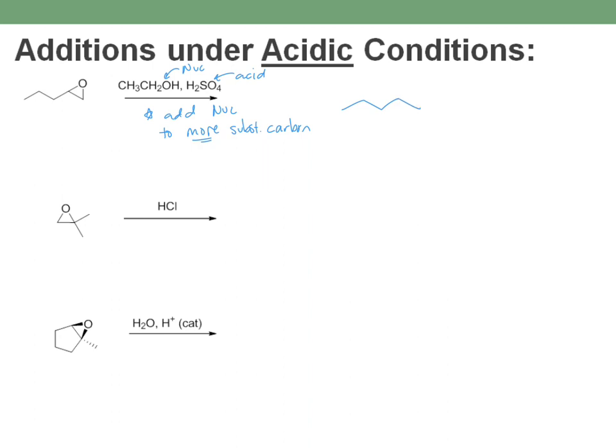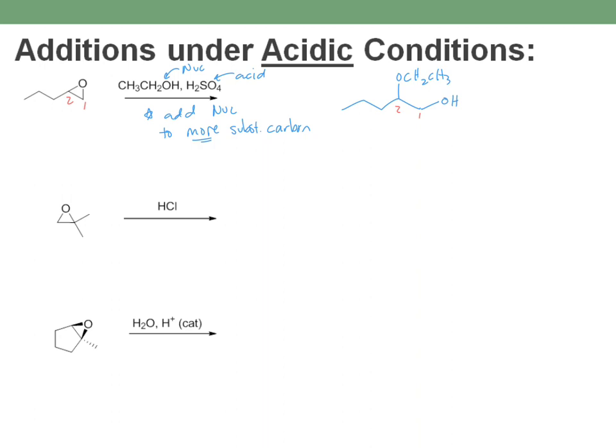My epoxide was here and here. And so instead of drawing my epoxide, I'll just write carbons 1 and 2. Since I'm going to add my nucleophile to the more substituted carbon, that means my nucleophile should end here: OCH2CH3. And then my OH will be on carbon number 1. So I added my nucleophile to the more substituted one.